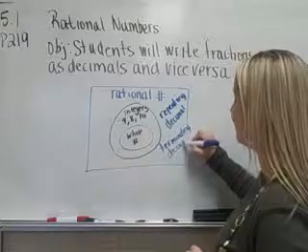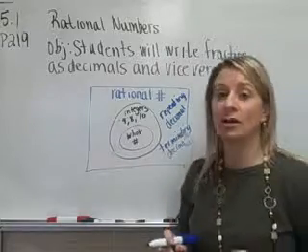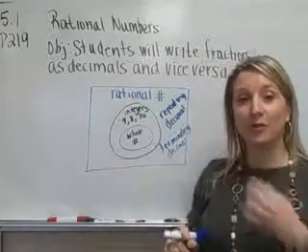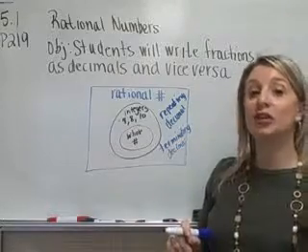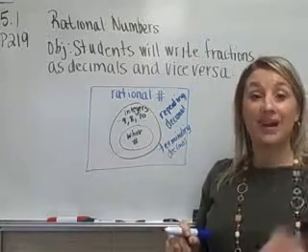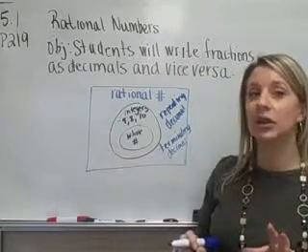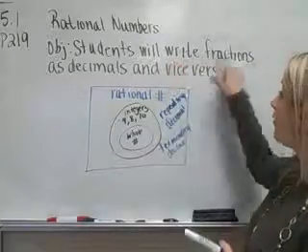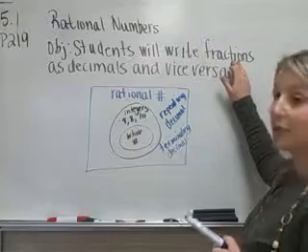Terminating means that they end, okay? If you think about it, if a decimal ends, you can figure out the place value for it. If you can figure out the place value, you can then make it into a fraction. And I'm going to show you how to do that in a minute, because one of our objectives is to take decimals and make them into fractions.